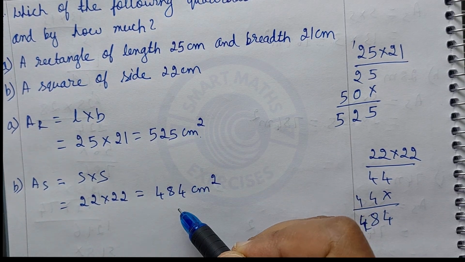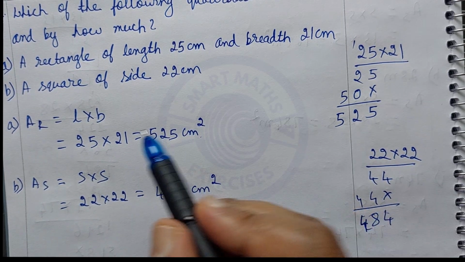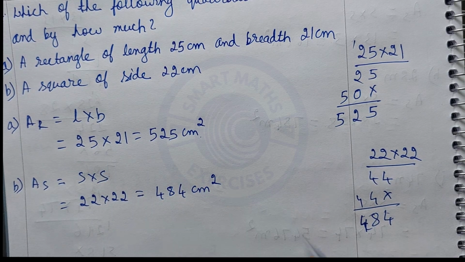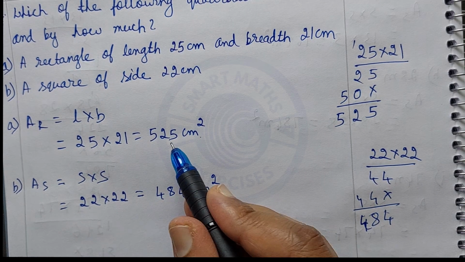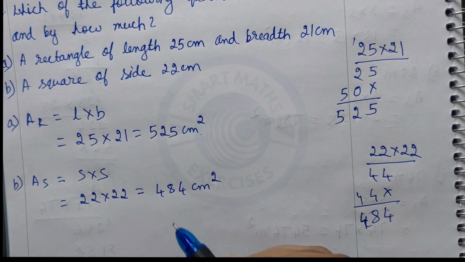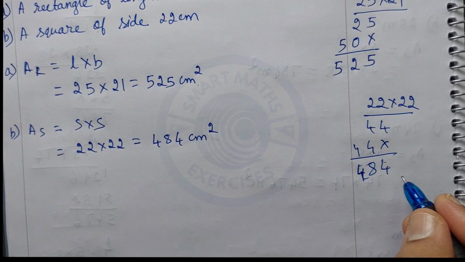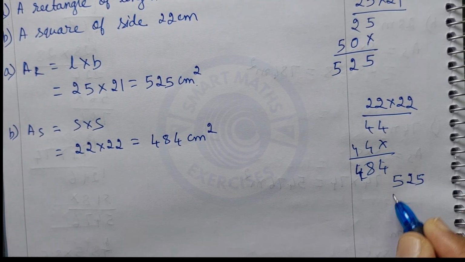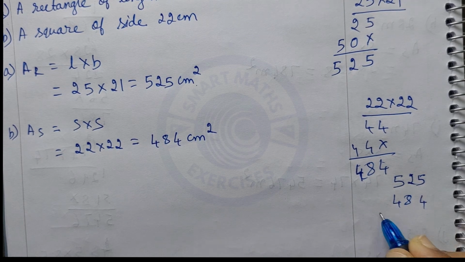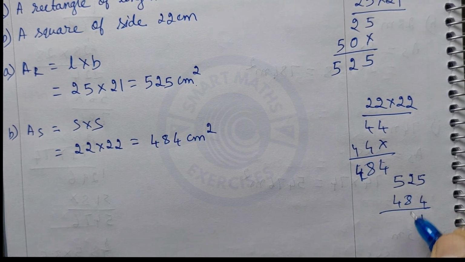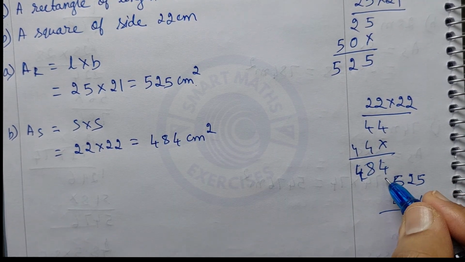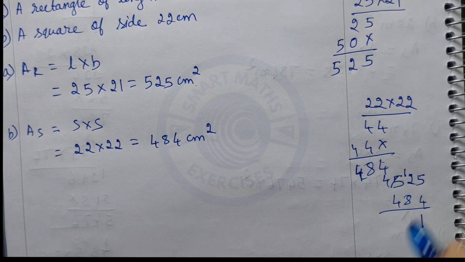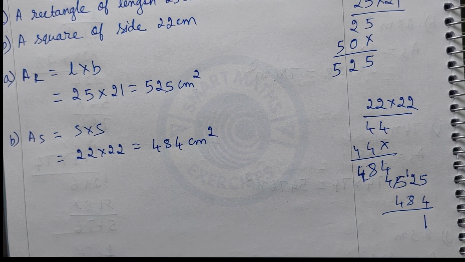Now compare area of rectangle and area of square. 525 is larger than 484. So area of rectangle is greater. And by how much? So we should subtract 525 minus 484. 5 minus 4 is 1. 2 minus 8 we can't. So borrow. This becomes 4. This becomes 12. 12 minus 8 is 4.